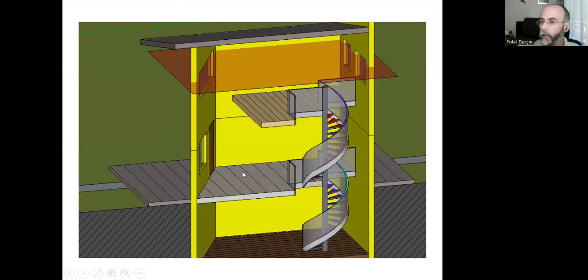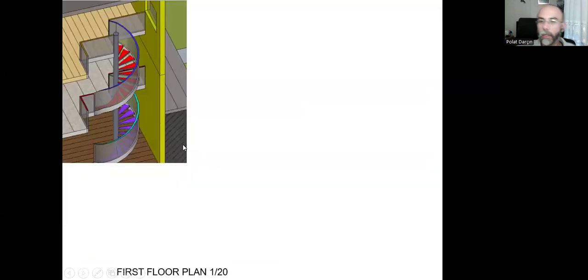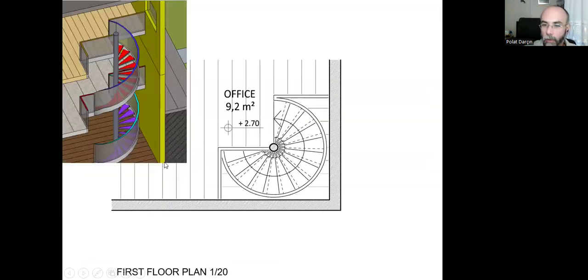Now let's do the first floor plan. We elevated the cutting plane. We look down. As you can see, no stairs are being cut, no handrails are being cut, no floors are being cut. Everything will be seen. So this is what I will be drawing. When I look down, I see this light brown first floor plus 2.70.